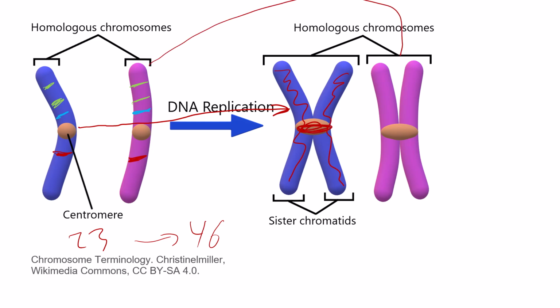And the pink chromosome now has 2 copies, one here and one here. And when there are the 2 copies like this, they call them sister chromatids, like they are sisters of each other. And they have the same copies of the genes.